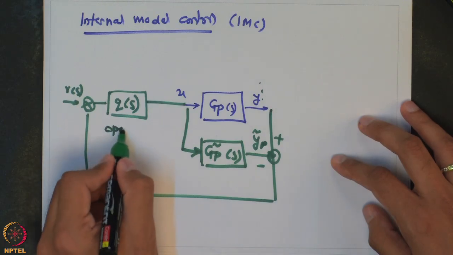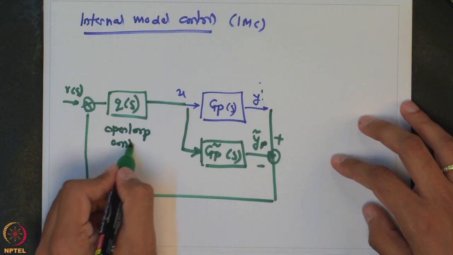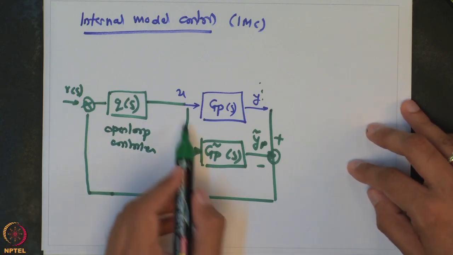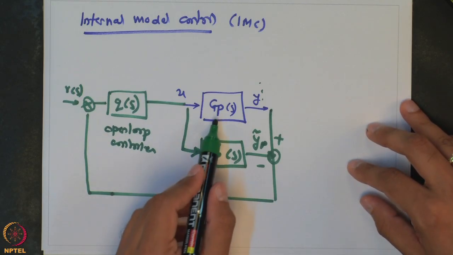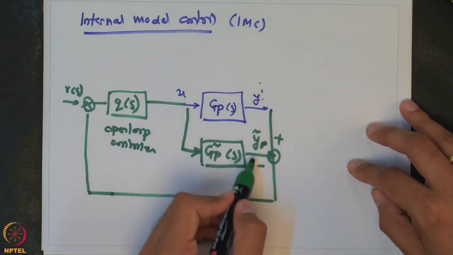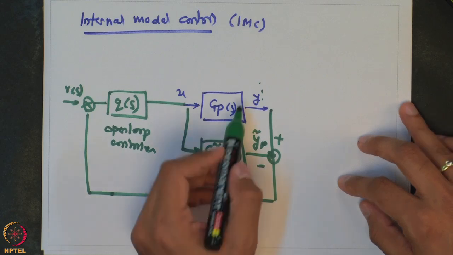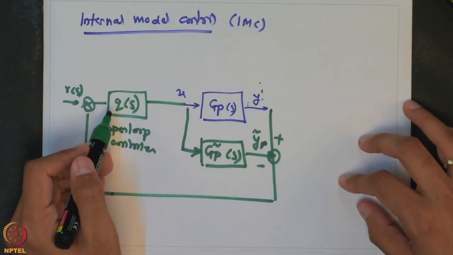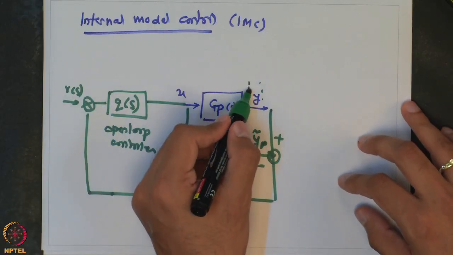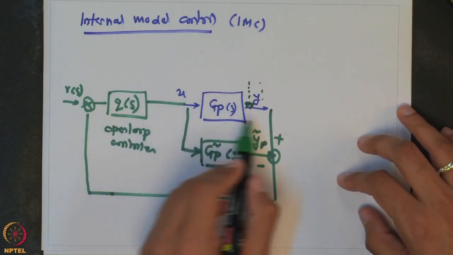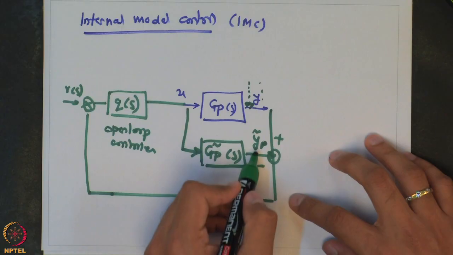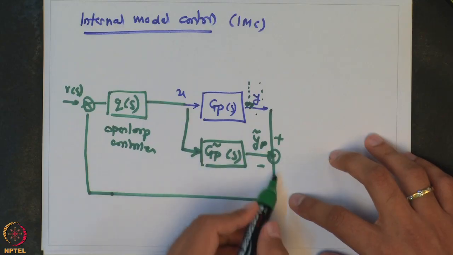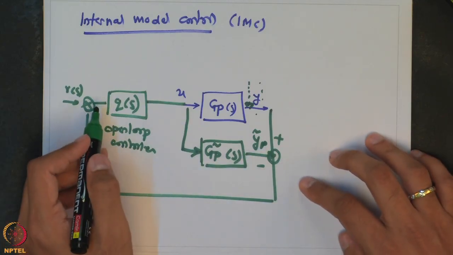So, this was your open loop controller, the way we derived QS. The only difference is now you are also using the difference between the actual value and the predicted value. As you are using this difference between Y and YP to drive this open loop controller, it will ensure that if there is any disturbance affecting the process, it will trigger the difference between Y and YP, and then that will be rectified by the open loop control.